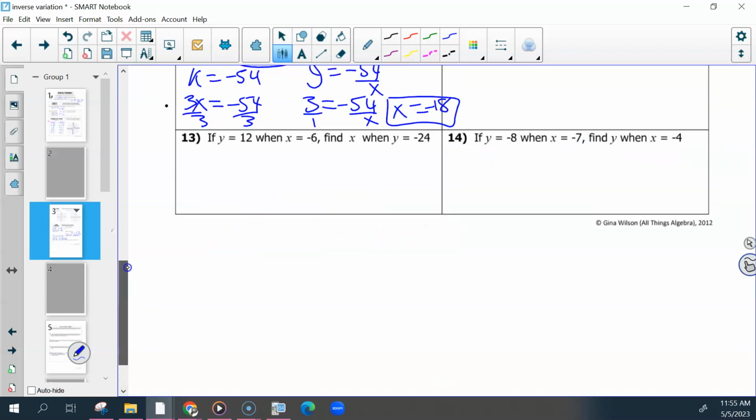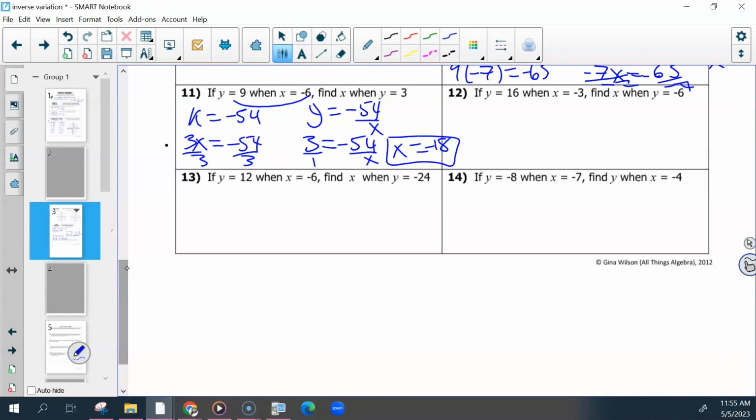And then 14. Multiply negative 7, negative 8. What do you get? Positive 56. Write that in your equation. Now you're looking for y, you have x. So what would your y value be?